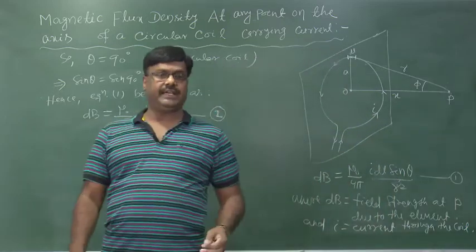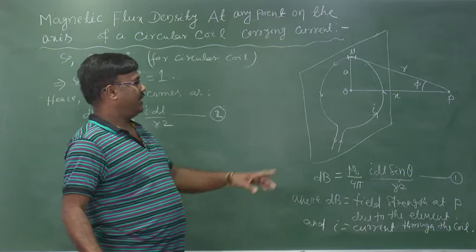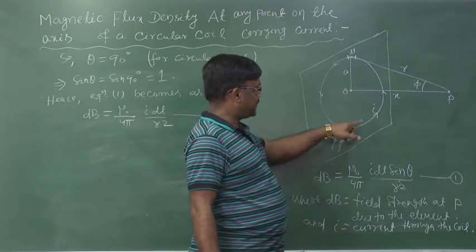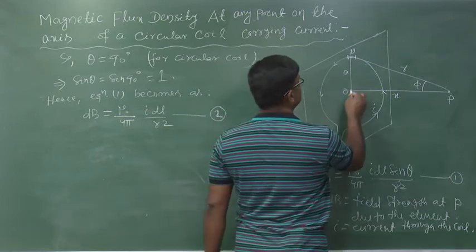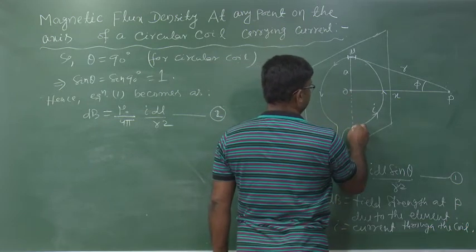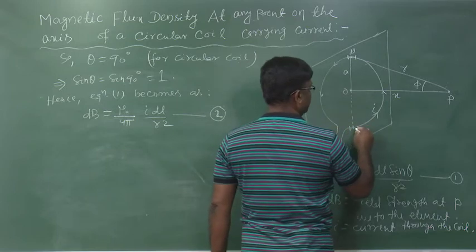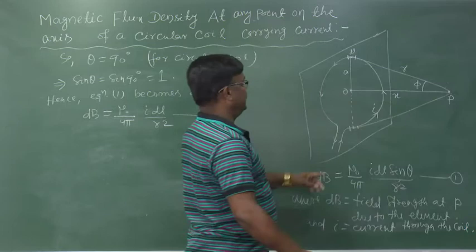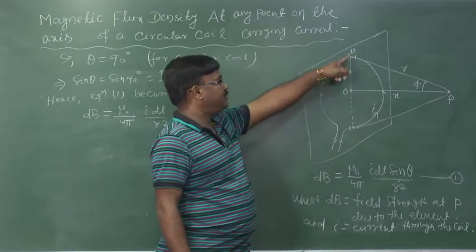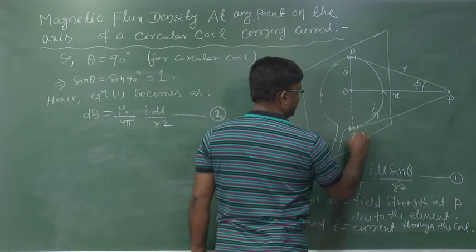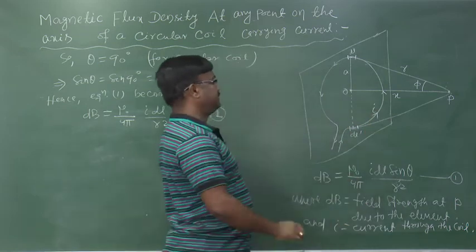Let us once again consider another element exactly diametrically opposite to the element dl, and let this element be dl dash.